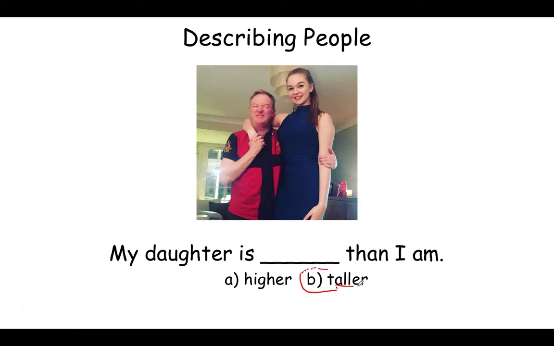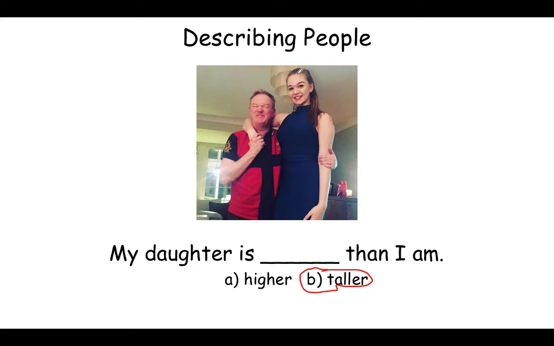When we are talking about the height of somebody compared to another person, or the height of anything really, but mostly people, we say taller, like they are tall. So if somebody's really tall, meaning like this girl, she stands really tall.